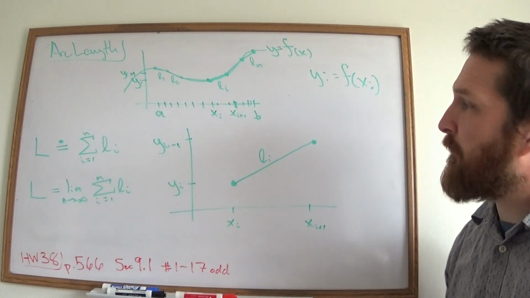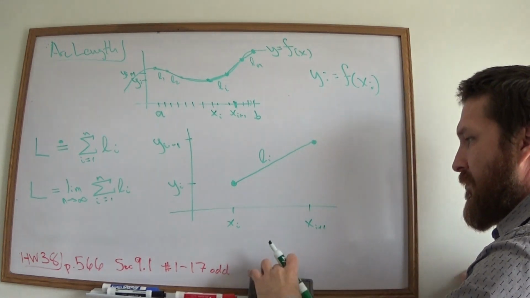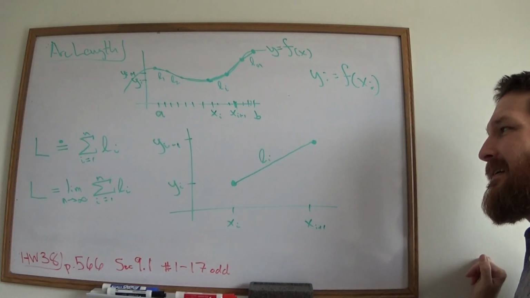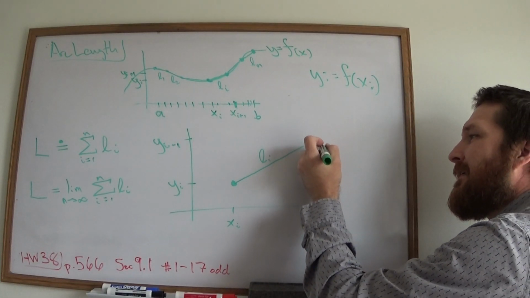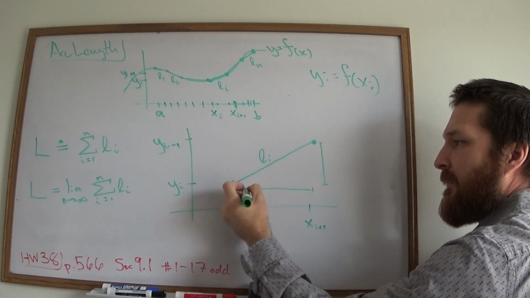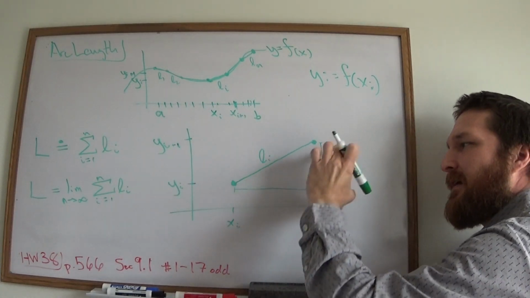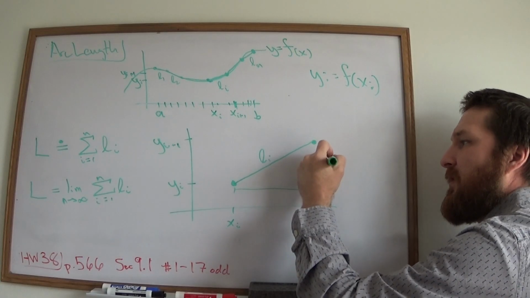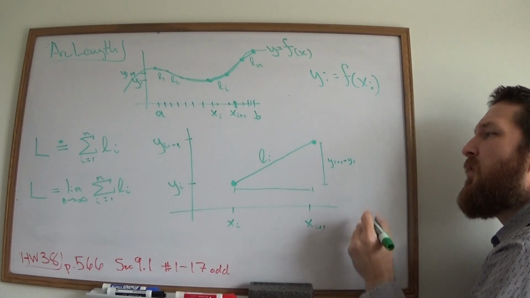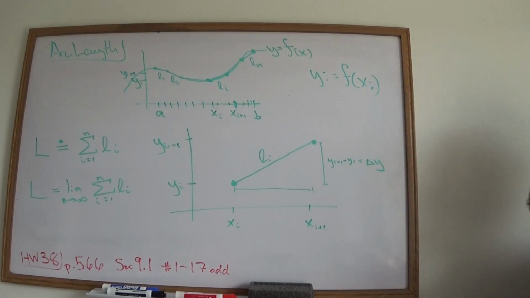So what's the length? I'm thinking about triangles, right? So this is what I'm going to do. I'm going to say the height here is y sub i plus 1 minus y sub i, or let's just call it delta y.